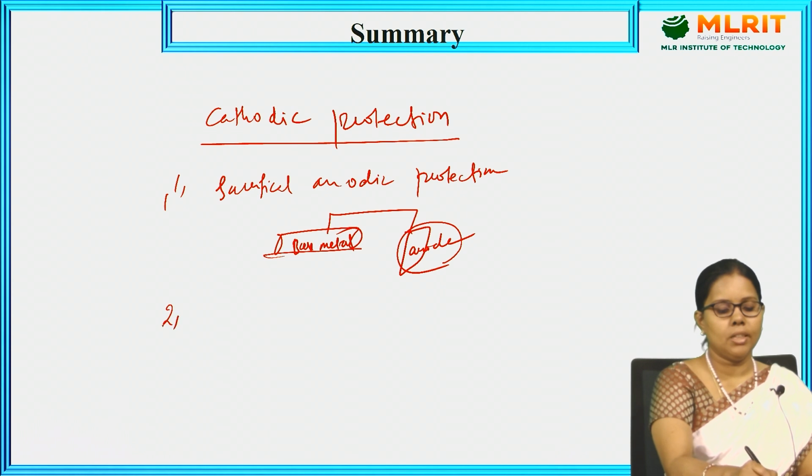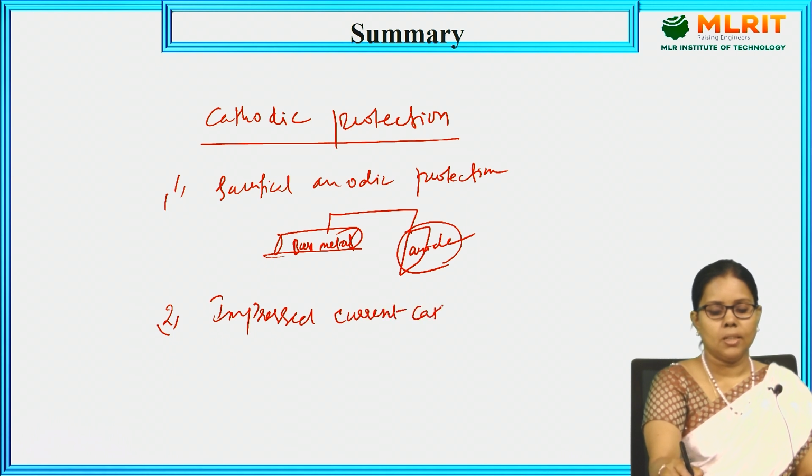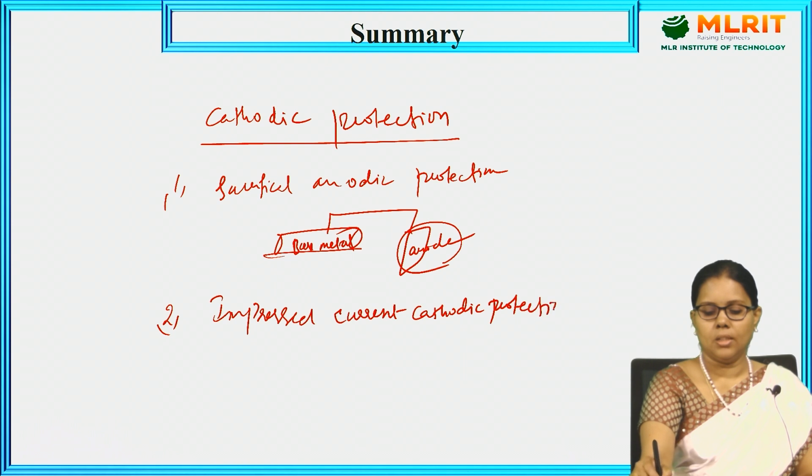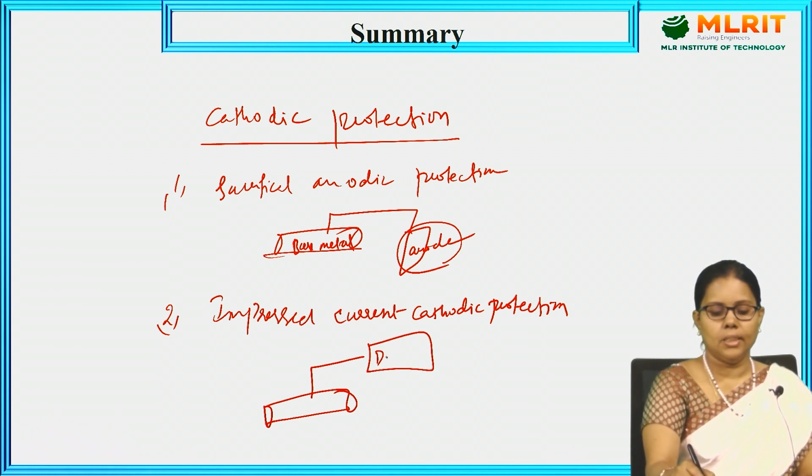And the second one is impressed current cathodic protection. In this, the base metal is connected to a more anodic metal through a DC current, a DC power source.